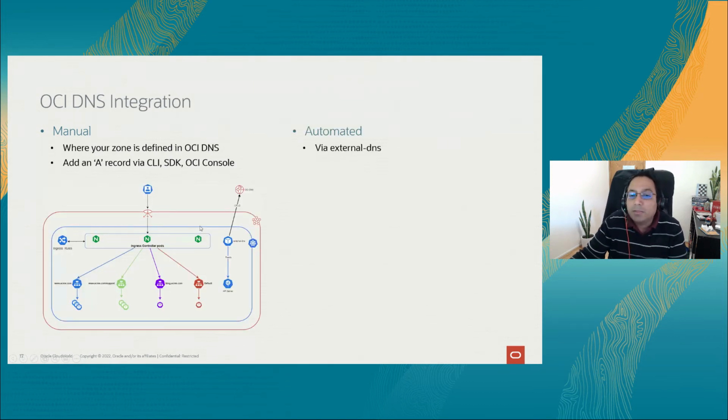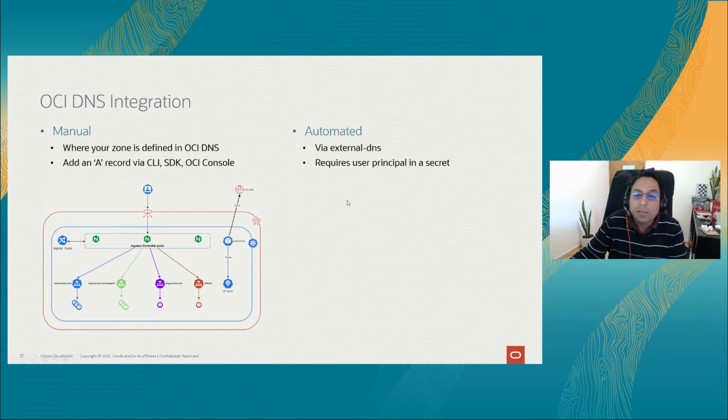However, a better way is to use the external DNS. External DNS is a Kubernetes sub-level project, and it automates the creation of DNS records inside your DNS. The way it works is that it listens to ingresses being created, what kind of host is being assigned to these services, and then it makes a CRUD request to your OCI DNS.